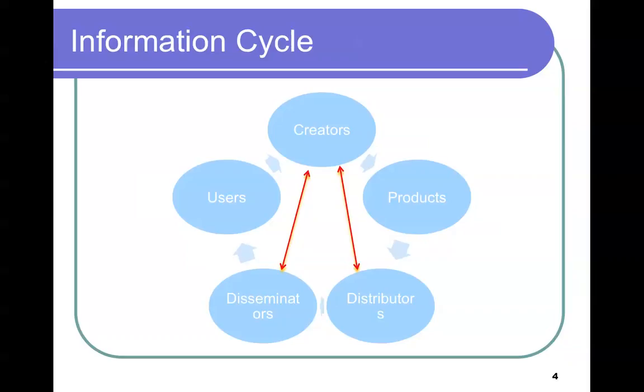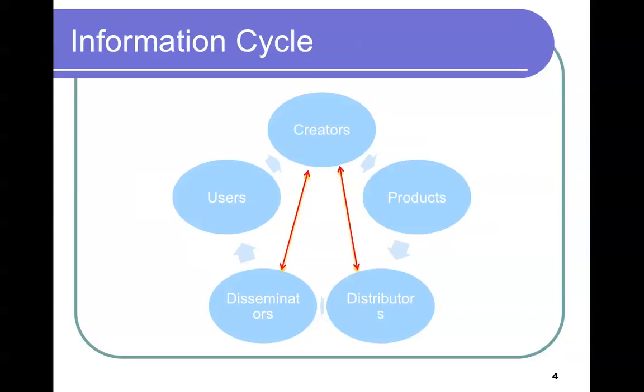A disseminator is a person similar to a wholesaler, and they not only deliver the information from the distributor to the end user, but also play the role of educating people, like the role of our librarians. We play an important role in disseminating information.